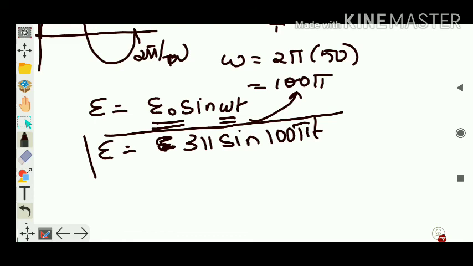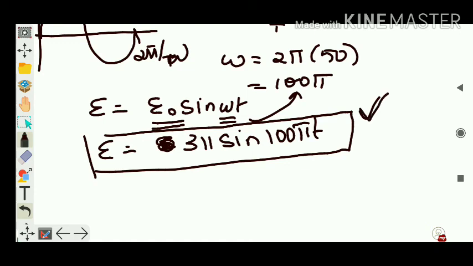This is the actual or the real representation. In real life, if you are asked to represent an AC voltage, this is how you are supposed to substitute the values. That is, a voltage E is equal to 311 into sine 100 pi t. This is the representation of the voltage which you receive in India, okay? Clear? Actual real life. This is the significance of why we have done the calculation.